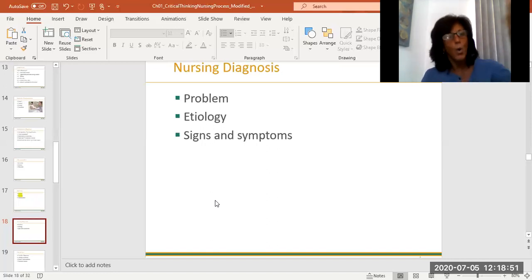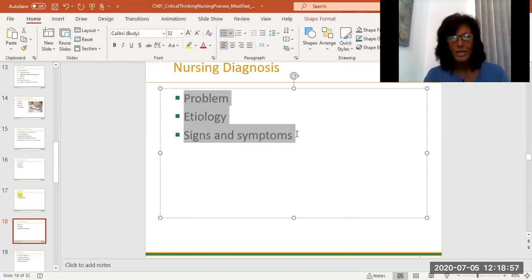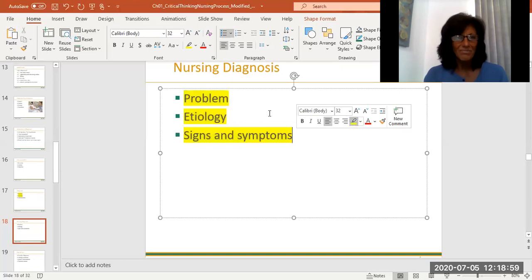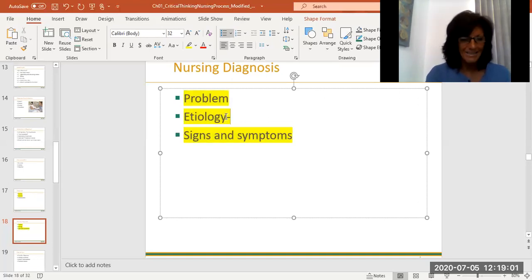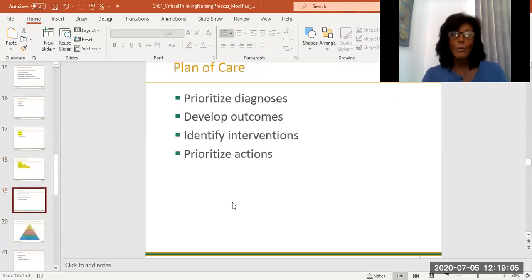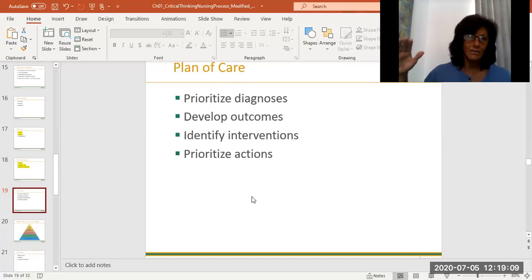And how did you know that there was that problem? What are the signs and symptoms? Okay. So the etiology, when you see the word etiology, that's the cause, right? Cause of something, what made something happen, okay? And when we plan care, we're always going to talk about prioritizing, right?